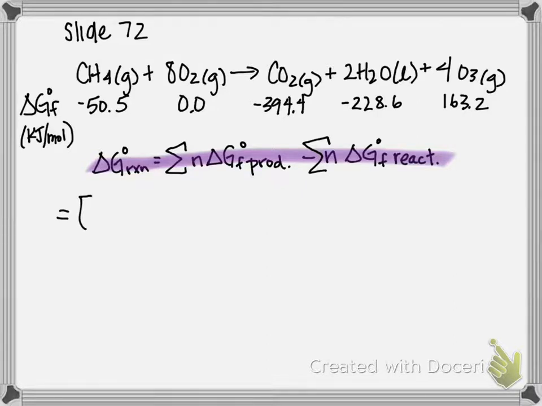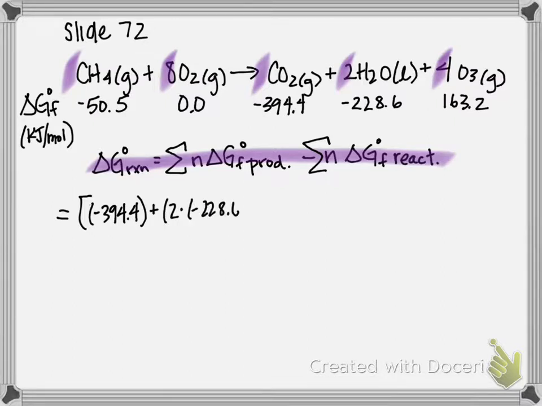So I'm going to highlight the mole amounts here. So for CO2, it's just negative 394.4. For water, it's 2 times negative 228.6.